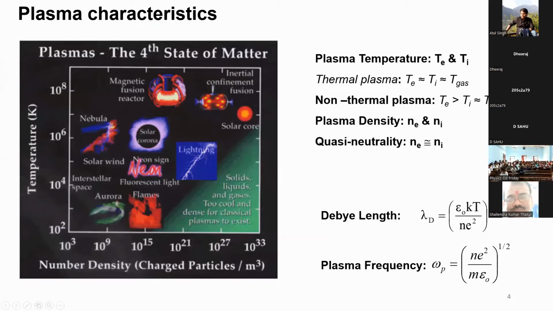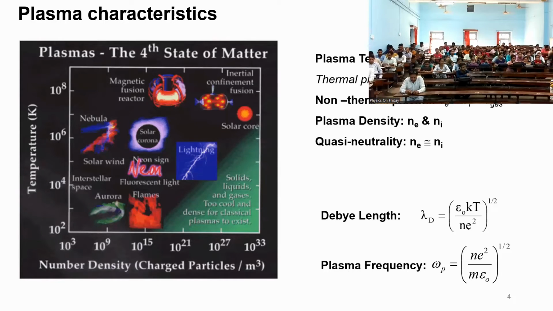So plasma frequency, as I was saying: one is lambda D, which is called the Debye length. It gives the shielding; any electric field that is generated, the plasma tries to shield it. And plasma frequency is the natural oscillation of the plasma, because it has two types of charge carriers.